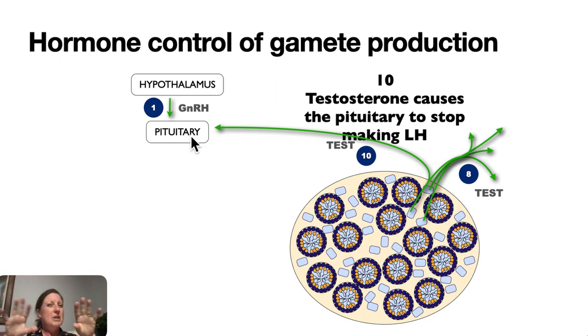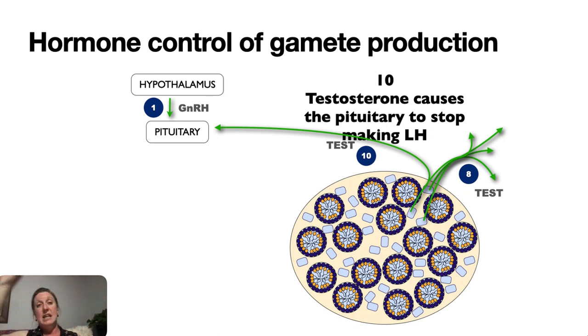And as the pituitary senses that the testosterone level is increasing, the pituitary is like, you know what? I think I'll make less LH because we've got enough testosterone out there. So the pituitary stimulates the production of testosterone, and it knows when to stop stimulating based on the amount of testosterone that is secreting.